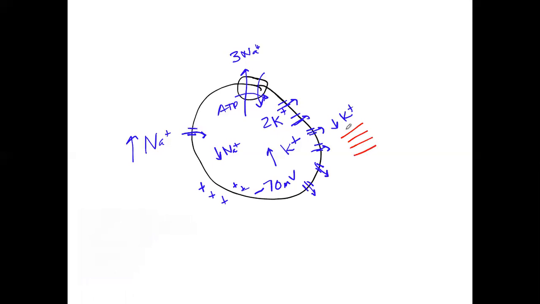So if it's really low, then potassium is going to rush out faster, and this will be more negative, okay? Making it harder to excite. If the person has high serum potassium, right, then potassium is going to stay inside longer and this is going to be more positive, okay, so easier to excite.